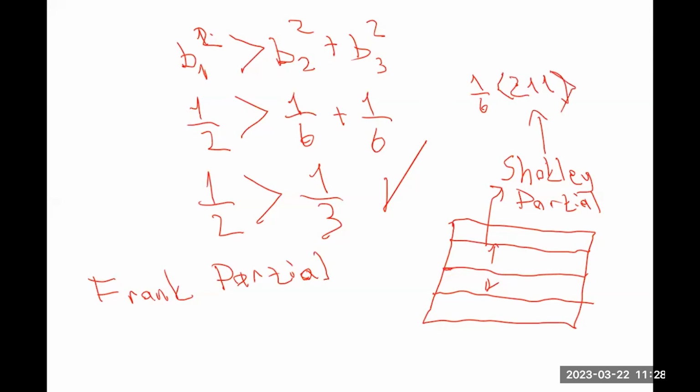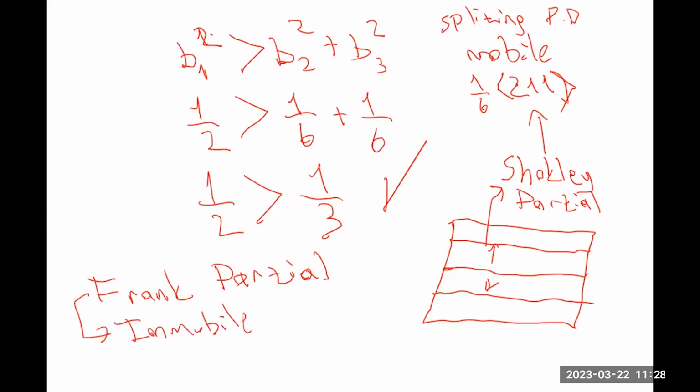They are formed by splitting a perfect dislocation. Frank partials are immobile. They are formed by removing or inserting a 1, 1, 1 plane, and their representation is nothing but 1 over 3 of 1, 1, 1.